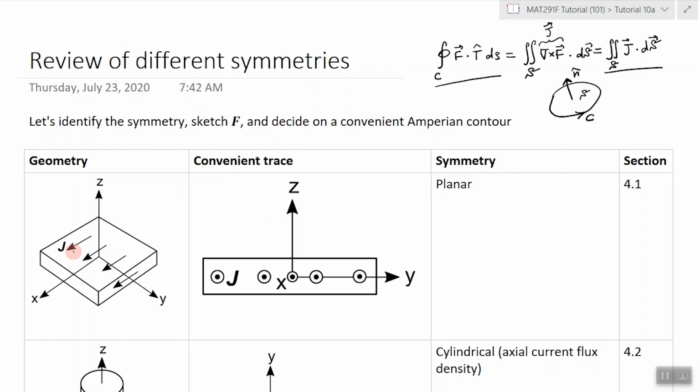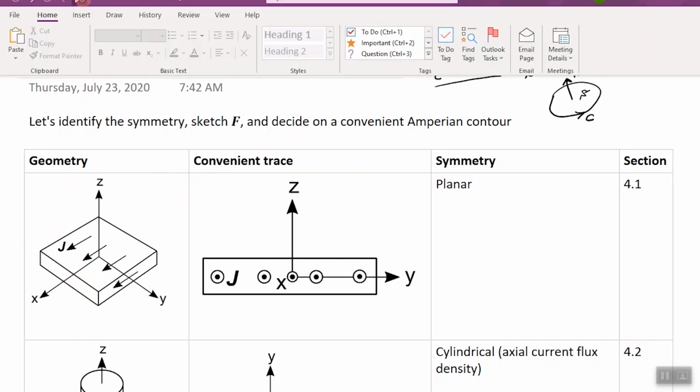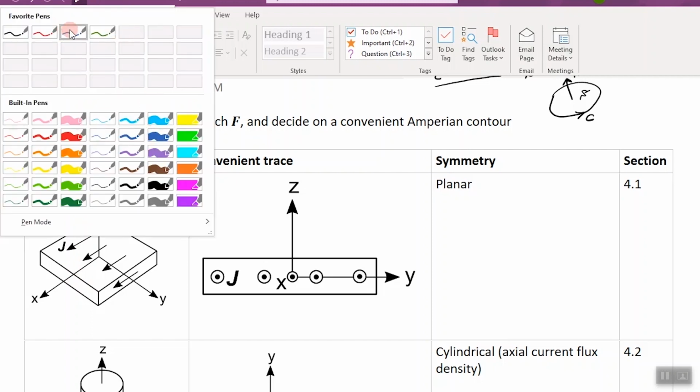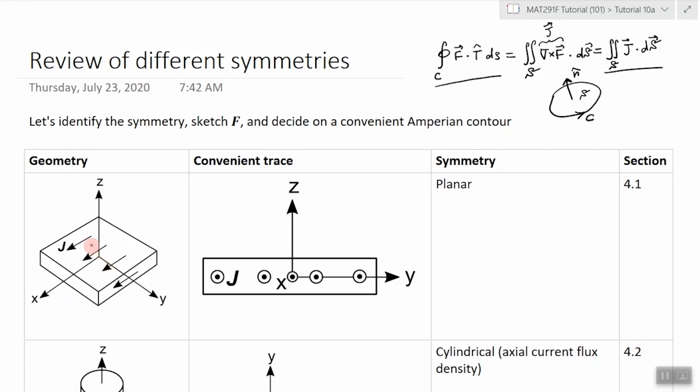Okay, let's discuss the geometries. For this case, this is a slab. Your vector field would look something like this. All of those currents would produce the field based on the right-hand rule.